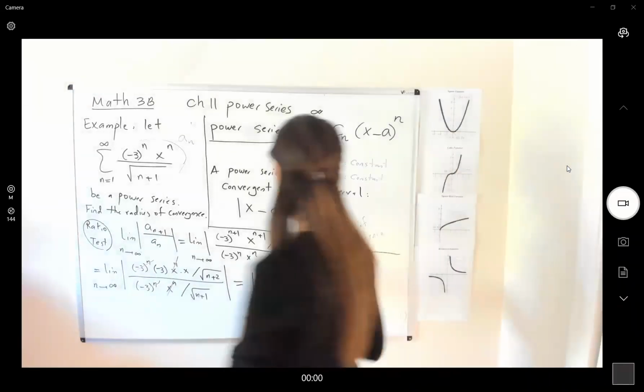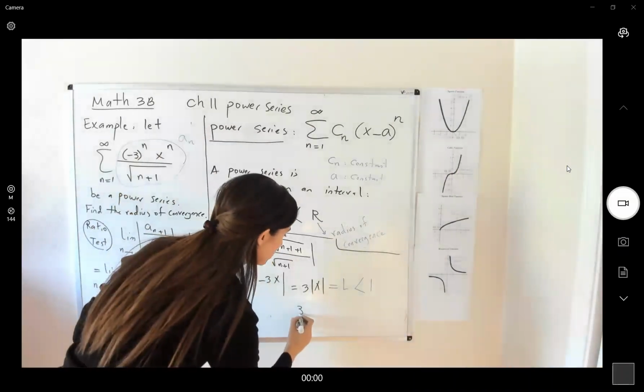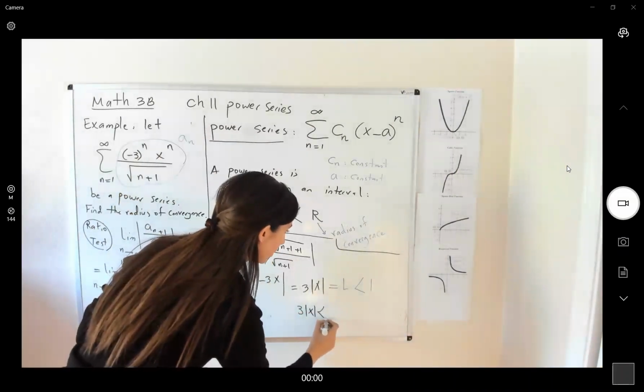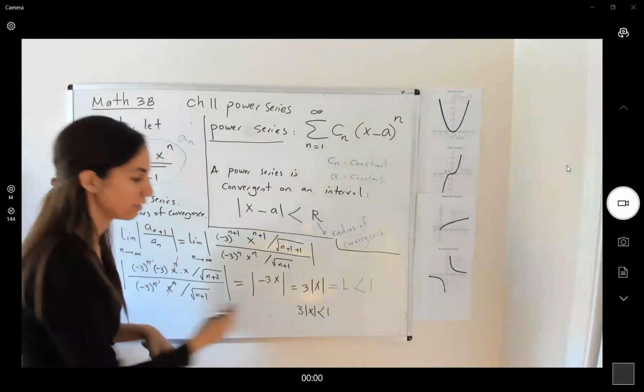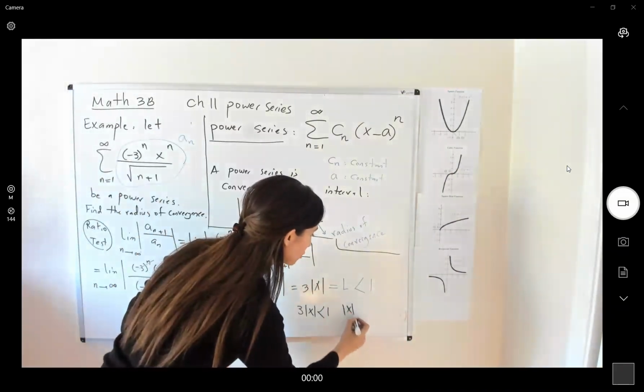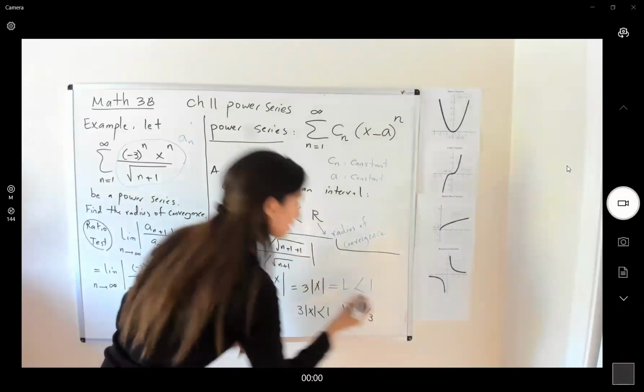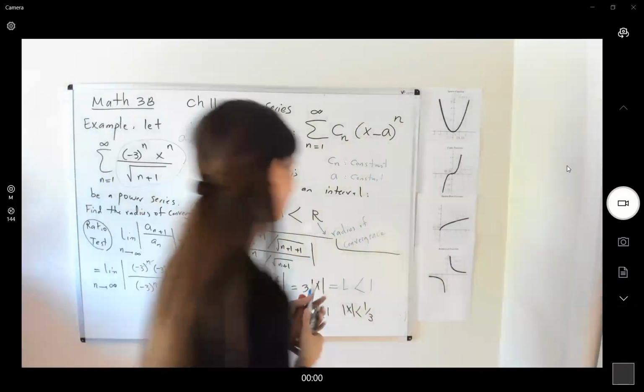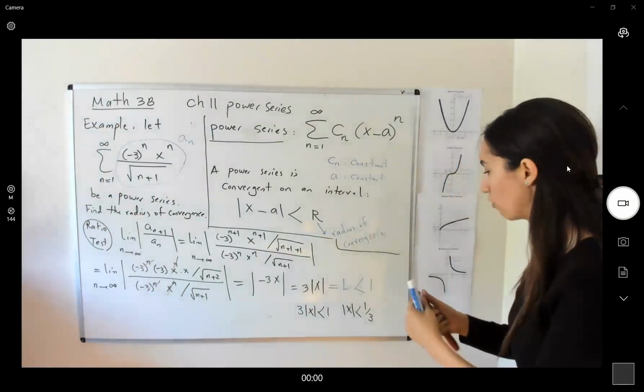Okay, what do we have here? We have 3 times the absolute value of x less than 1. If I divide both sides by 3, I get the absolute value of x less than a third. So R is equal to 1 over 3.